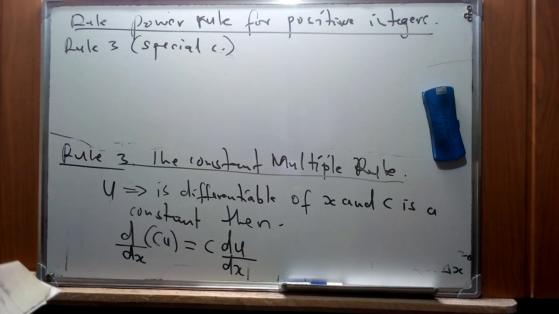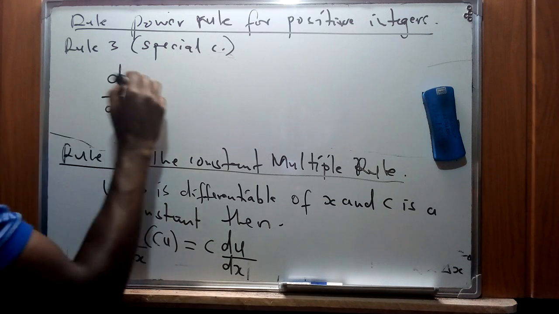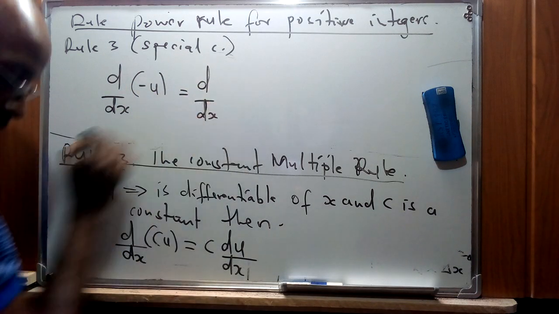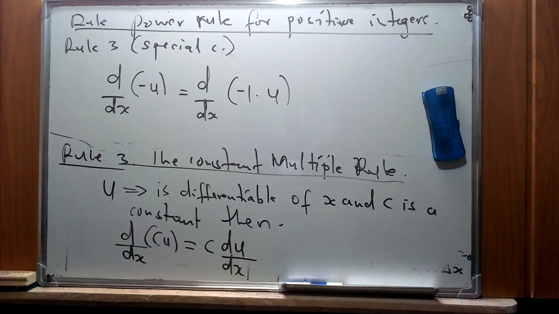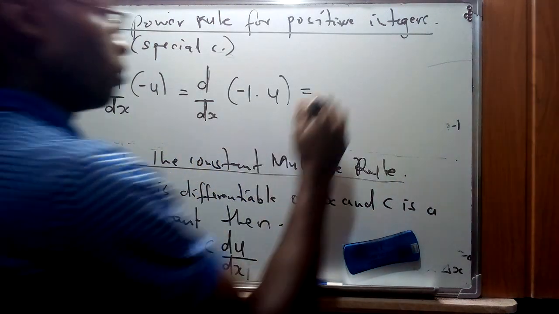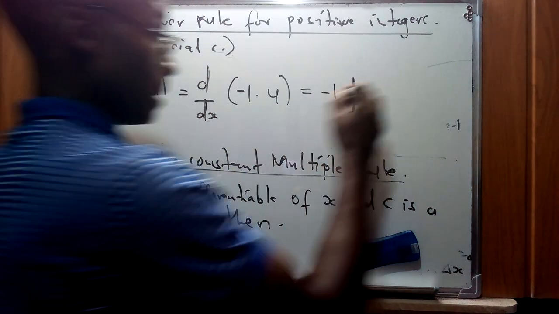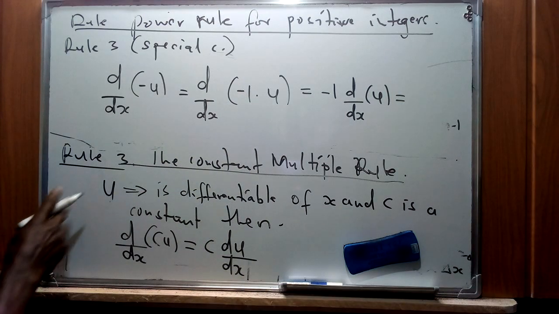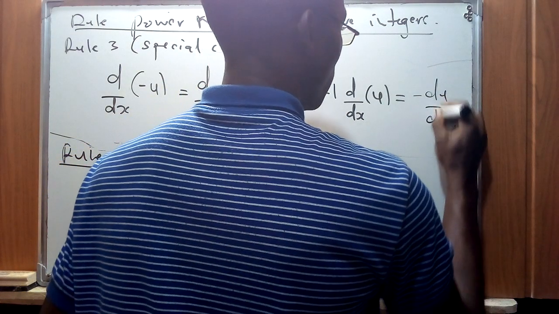Now in this case, if we have d over dx of negative u, then we treat the negative 1 as a constant, and therefore it's going to be negative 1 times d over dx of this function u, which from rule number 3 we have defined as negative du over dx.